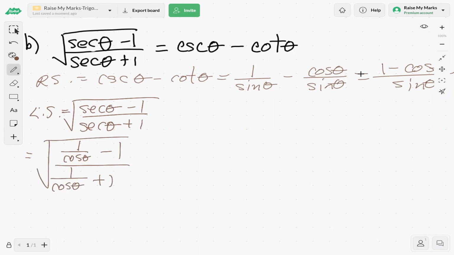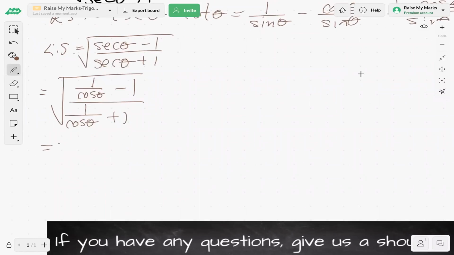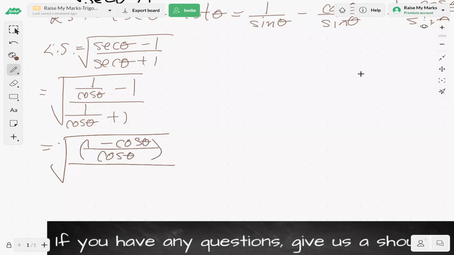Now under the square root, let's put the numerator and denominator over a common denominator. In our numerator, we have 1 minus cos theta all over cos theta, and that is all over 1 plus cos theta over cos theta.